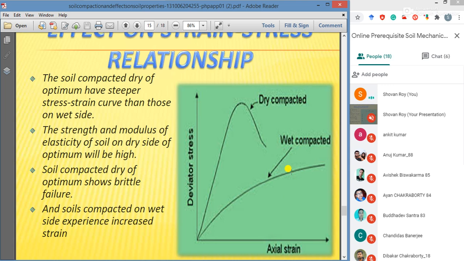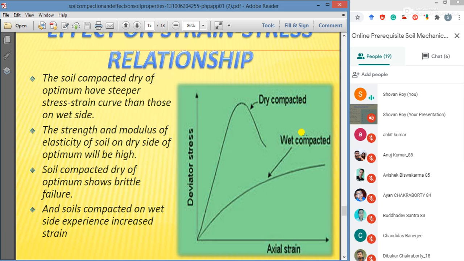And the dry side of optimum has a steeper stress strain curve and hence a higher modulus of elasticity. When we perform dry compaction, there is a higher modulus of elasticity.